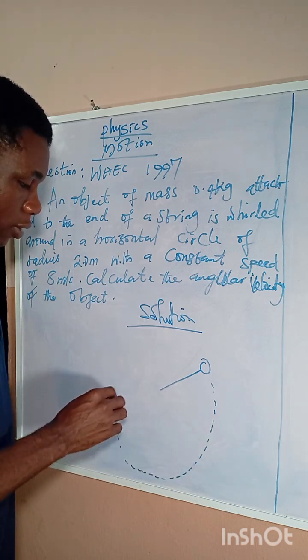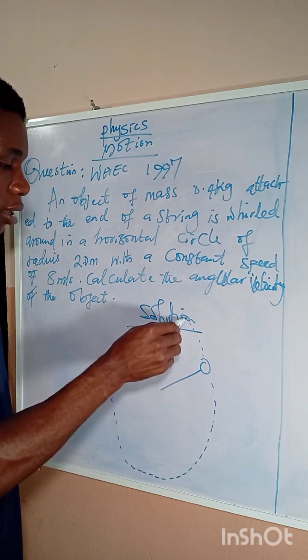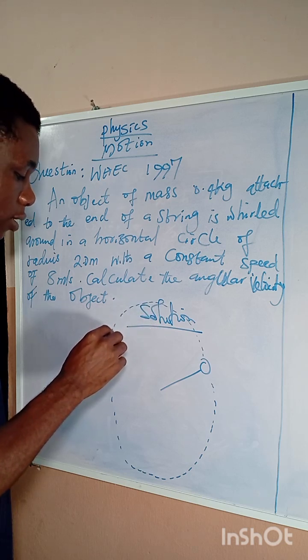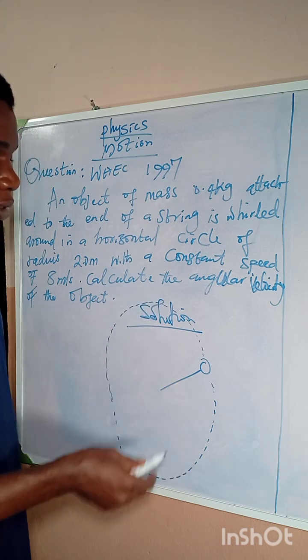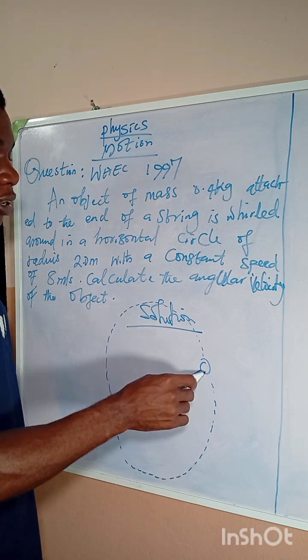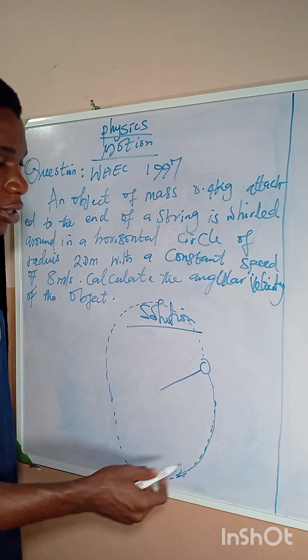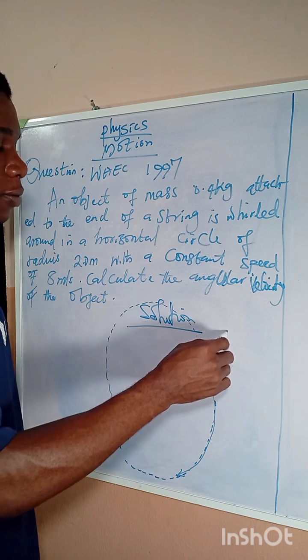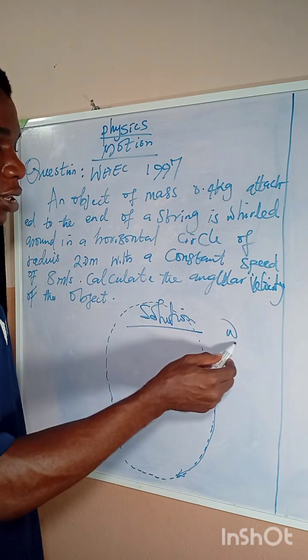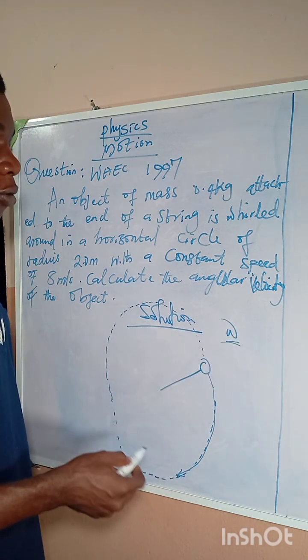And I whirled it down a circular path. I think I'll have something that looks like this. Now, the truth is that the speed through which it travels the circumference of the circle is called the angular velocity. We represent it with the figure omega.